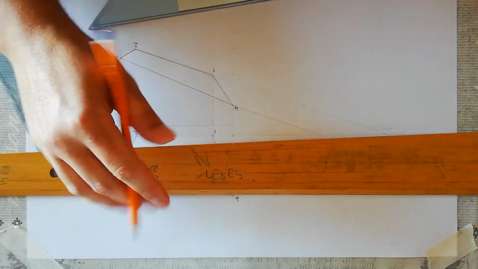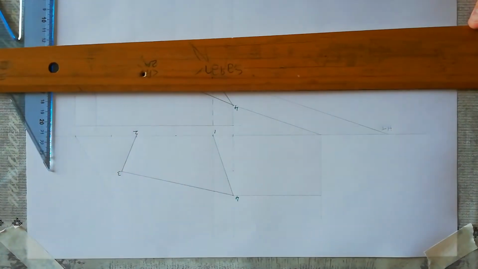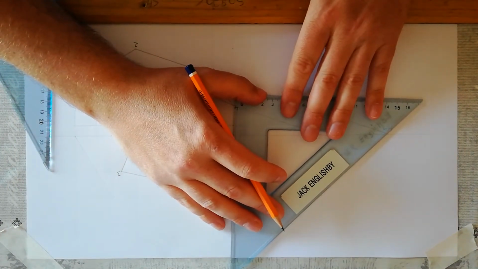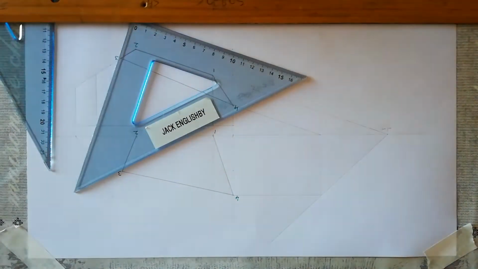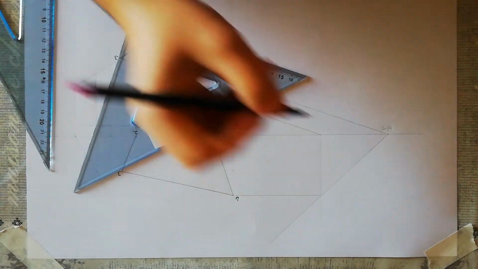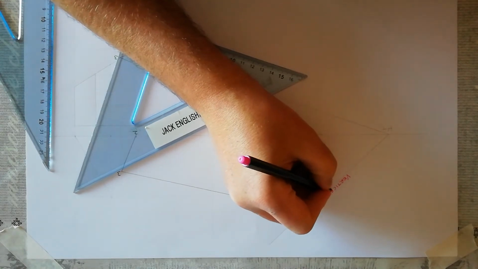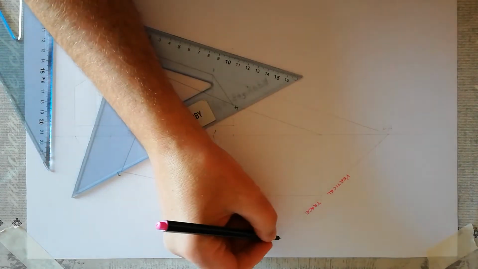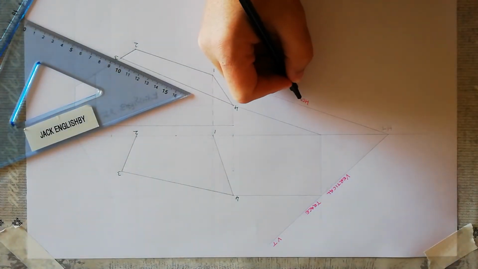Bring 4 across. And that will give us our vertical trace. And that is our vertical trace, VT.